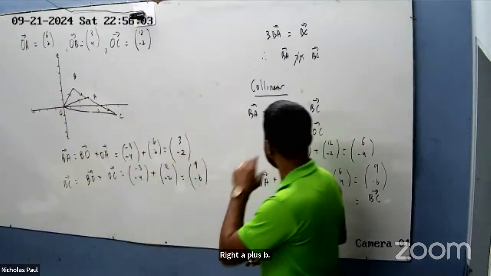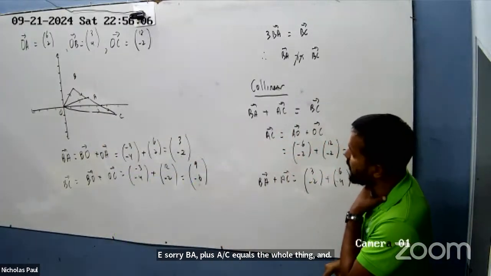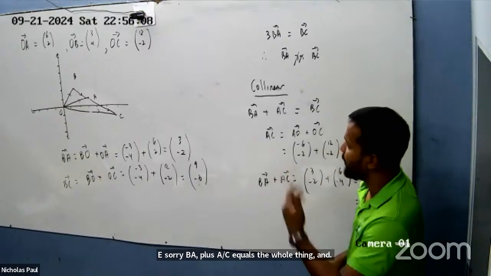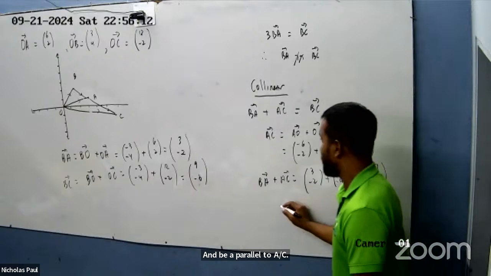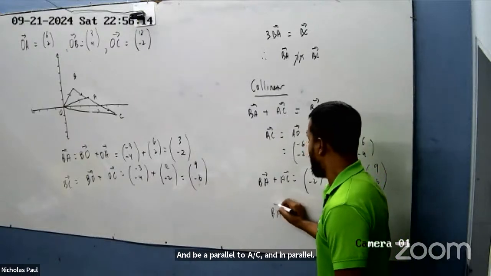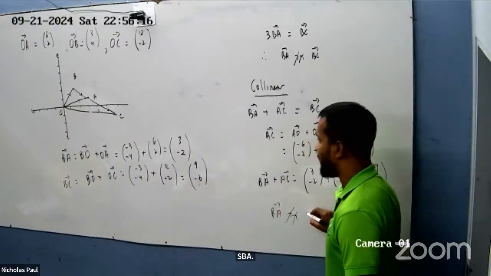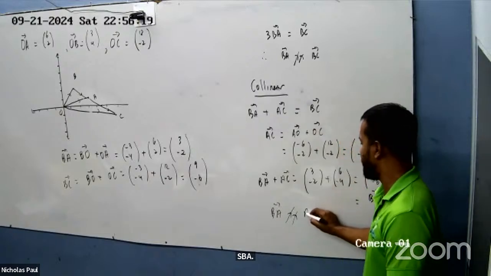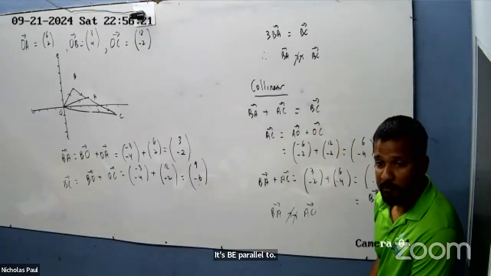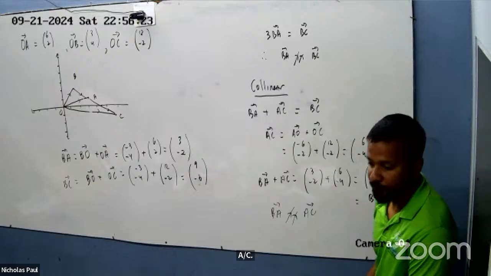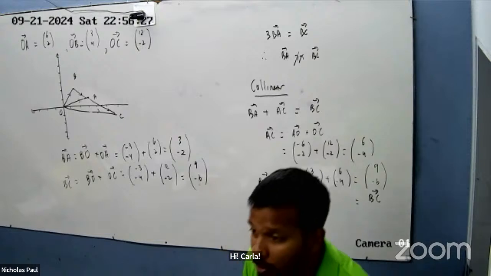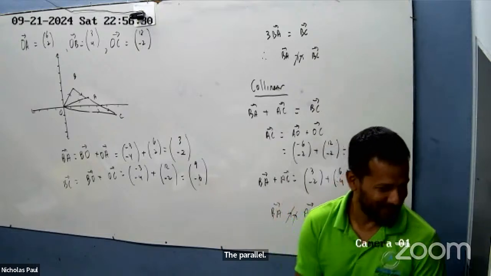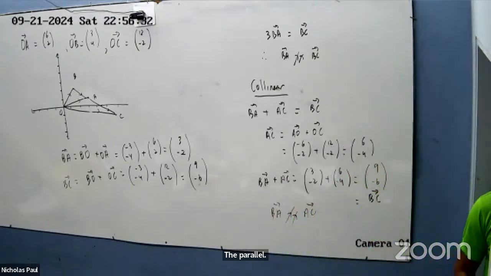And what else? BA is parallel to AC. Why are they parallel?